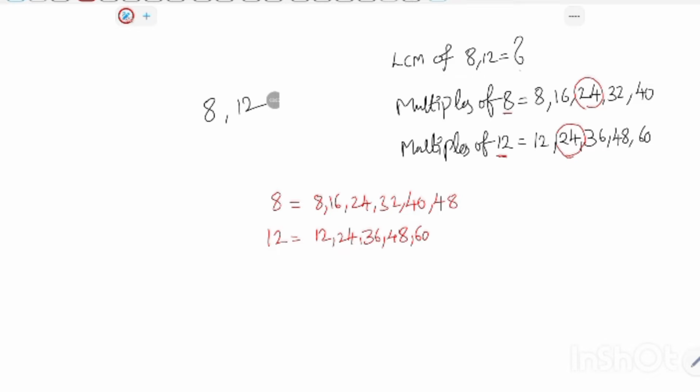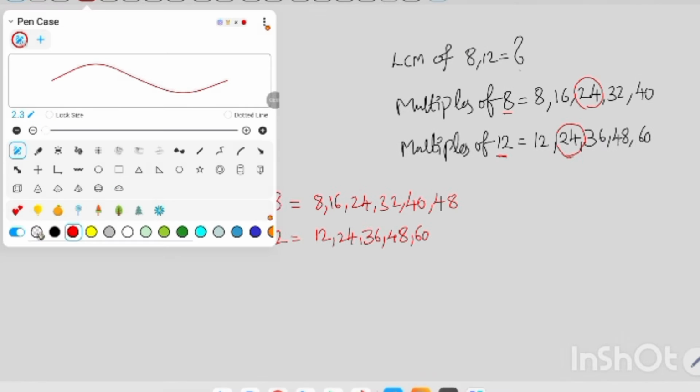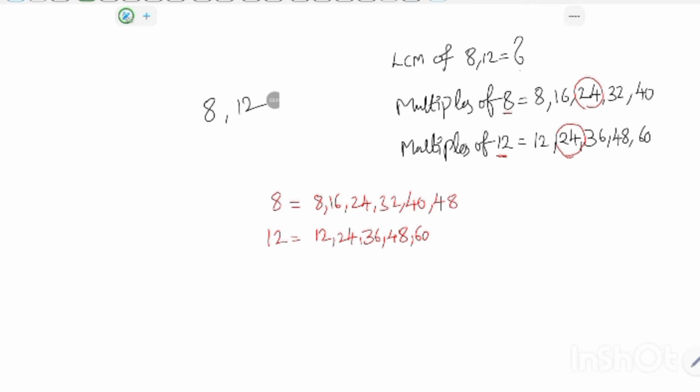Now if you observe, there are two common multiples for 8 and 12. One is 24, the first common multiple, and 48 is the next common multiple. But out of 24 and 48, 24 is the least one. So the LCM of 8 comma 12 is equal to 24.